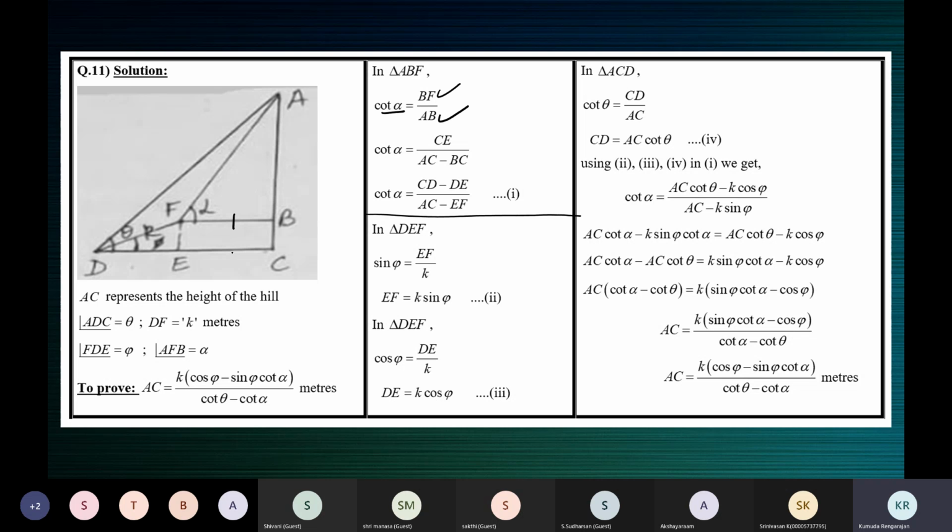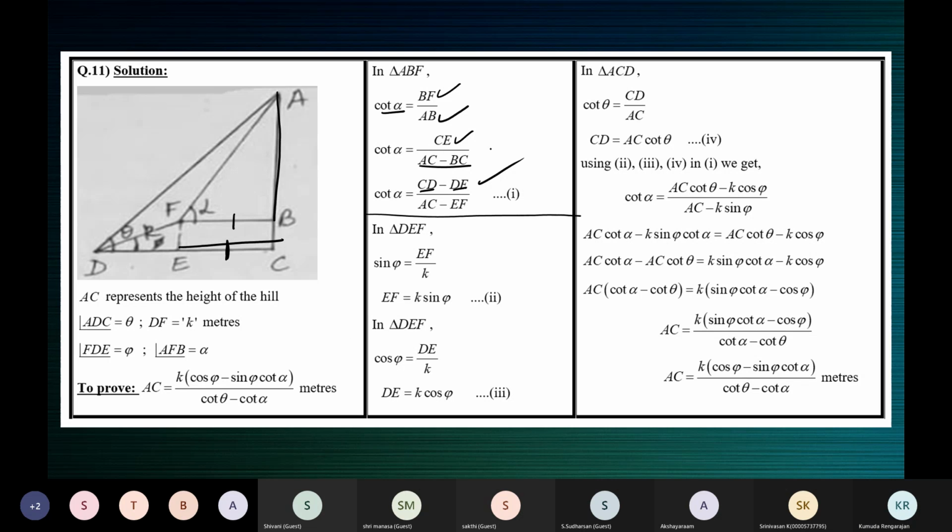BF can be replaced with EC. AB can be written as AC minus BC. Next, CE can be written as DC minus DE, DC or CD, whatever.